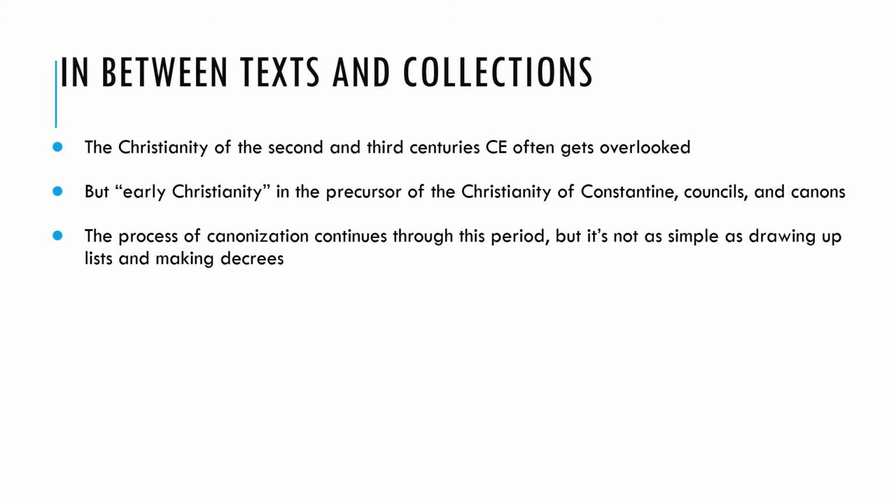And so the process of canonization starts very early, even though you don't have settled lists. What you do have are people who are collecting different groups of texts and putting them together. I've already made mention, I think, of the fact that very early on, we have collections of Matthew, Mark, Luke, and John.